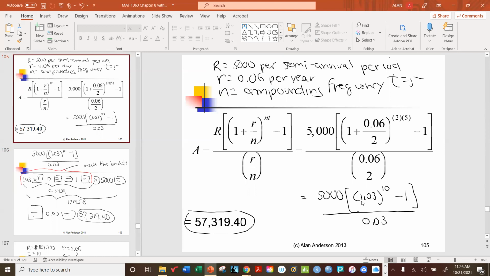In other words, calculate 1.03 to the 10th, whatever that number is, subtract the 1, whatever that result is, multiply by the 5,000, and then finally, when you're done, divide by the 3%. If you try to go from left to right like this, you're going to need a lot of parentheses, and it's going to make your job a lot harder.